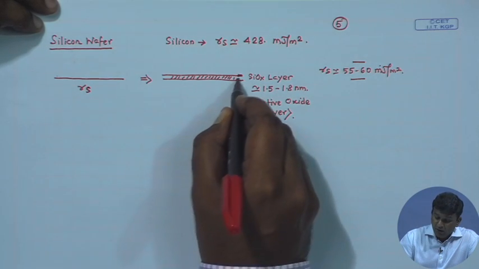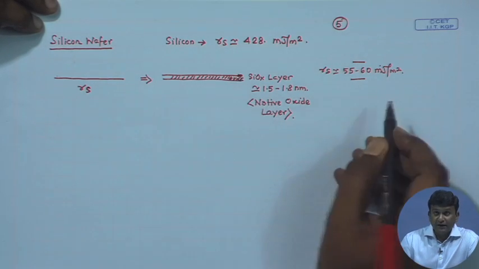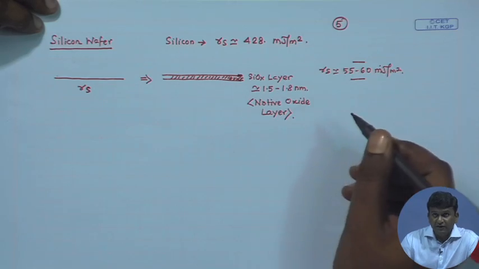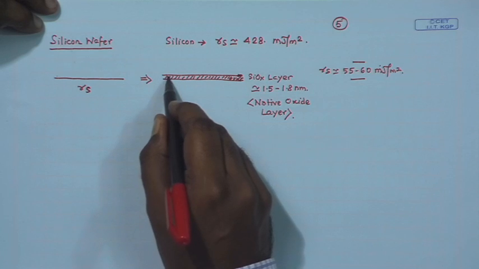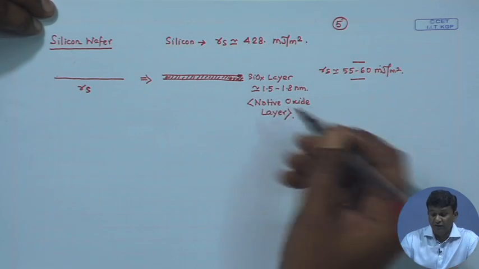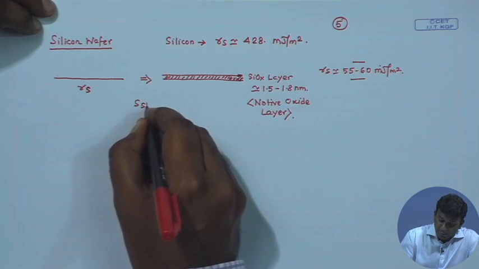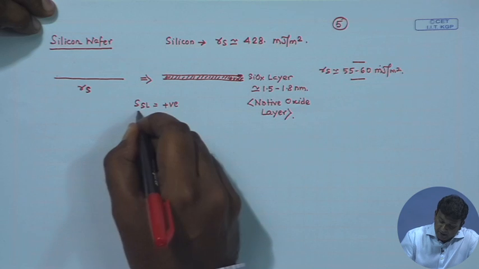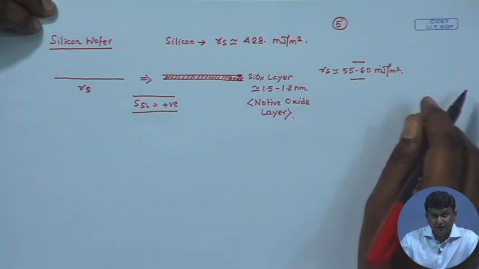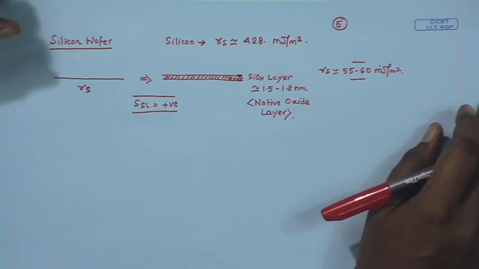By way of forming this oxide layer, there is a significant reduction in the total surface energy, or the spreading coefficient in this particular case for this oxide layer is very, very high. And trust me, removing this particular layer from silicon, which is necessary for doping, is very, very difficult. So, this is the concept of spreading coefficient.